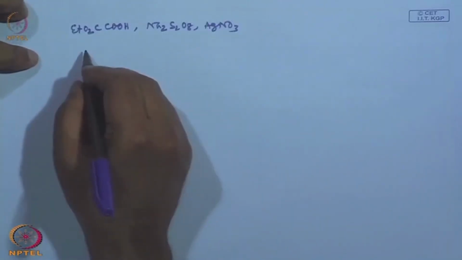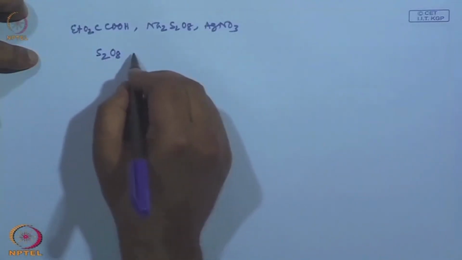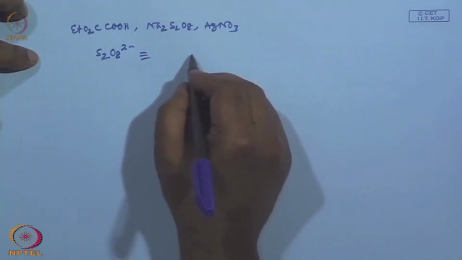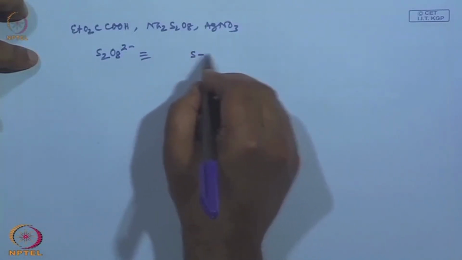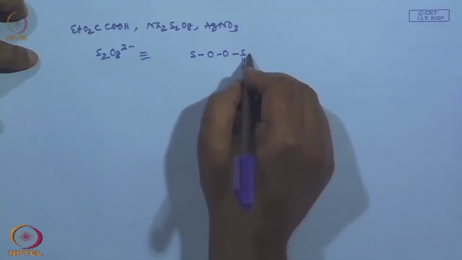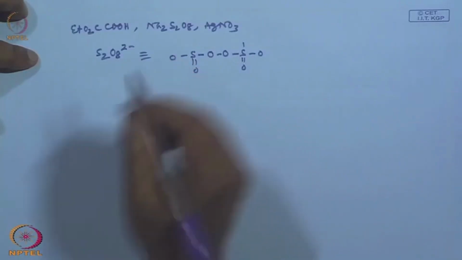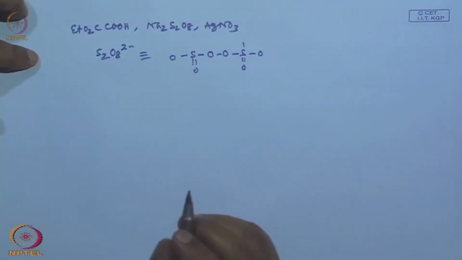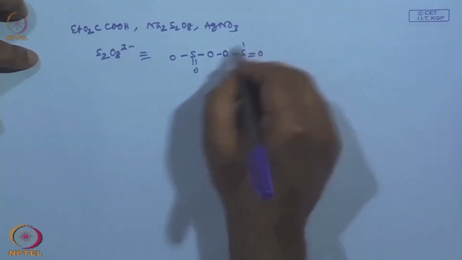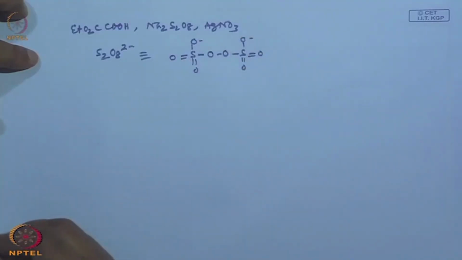And in this case, what happens? This persulfate, if you look bond-wise, it would look like so, double bond oxygen, right? Now persulfate. So you have, I think, double bond oxygen minus, right?